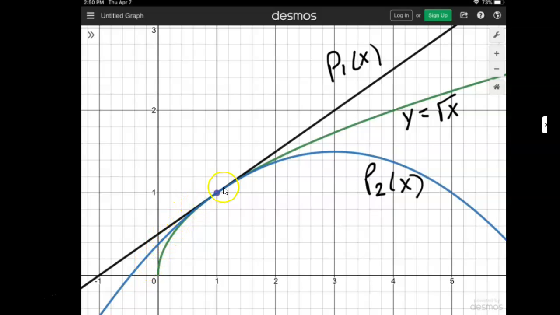And you can see as you look at the graph here that the blue graph remains closer to the green for a little bit longer. But eventually, of course, it differs as well because it is an approximation. We're approximating the square root graph with a quadratic. And so it is, of course, off, but it definitely appears a fair bit closer. So this is the second degree or quadratic approximation, or what we call a second degree Taylor polynomial.